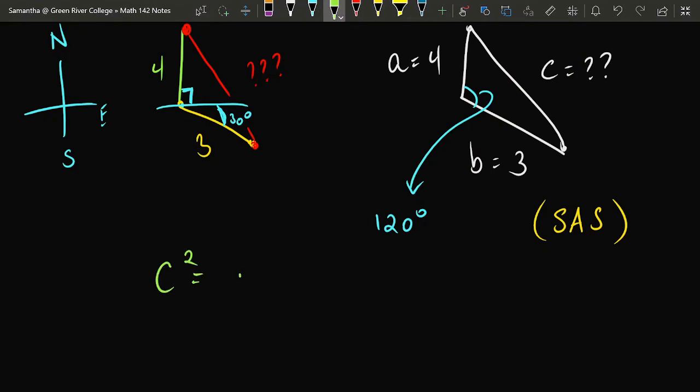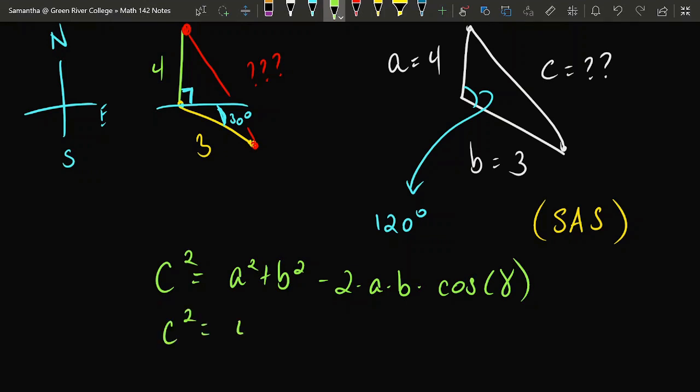C squared is equal to A squared plus B squared minus 2AB cosine of gamma. C is what I'm trying to figure out. I know the value of A, I know the value of B, and I know the value of the angle which is opposite of side length C. That angle, we are told, is 120 degrees.